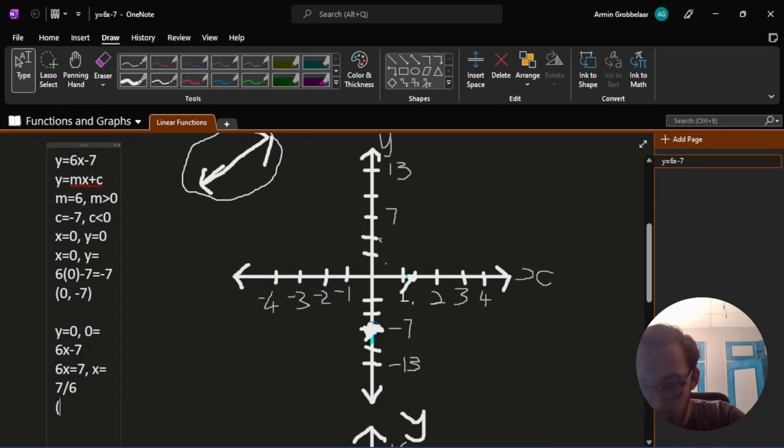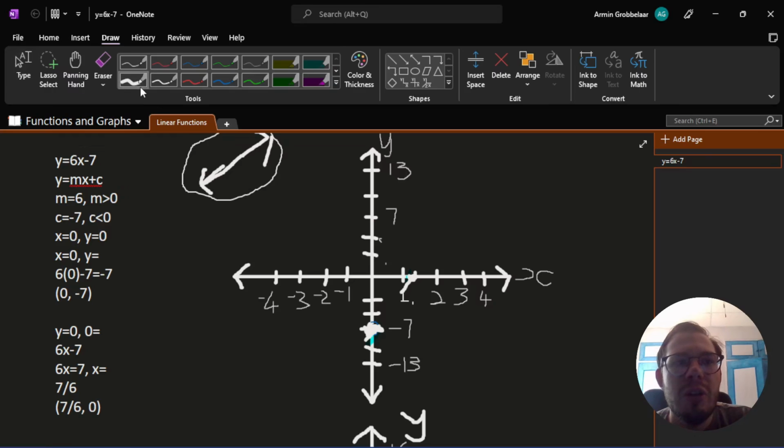So our second point is the point (7 divided by 6, 0). So 6 divided by 6 is 1, so 7 divided by 6 is just a little bit bigger than 1. So I'm going to put my point there, and I'm just going to label it. So I'm going to say this is (7 divided by 6, 0).